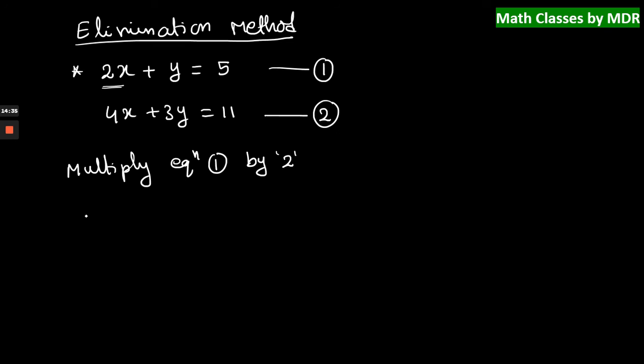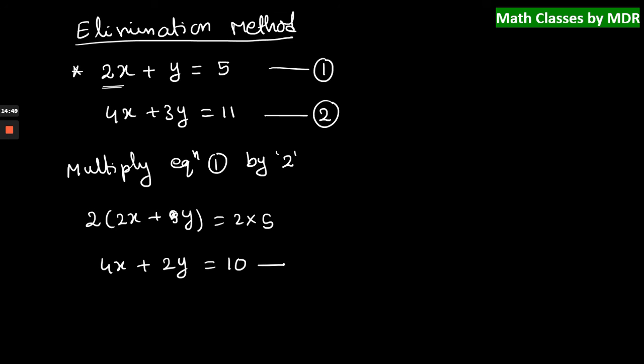That means 2 into 2x plus y is equal to 2 into 5. So 2 into 2x is 4x plus 2y is equal to 10. Let us say that this is equation 3.